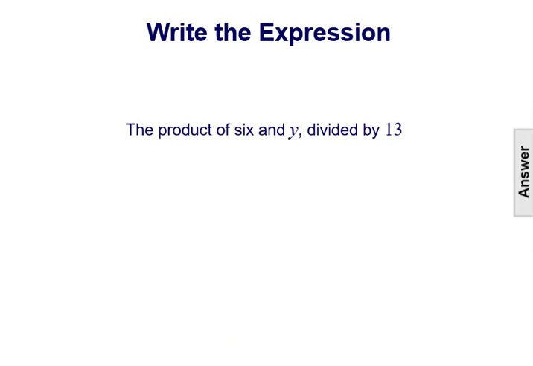Let's do one more just to really get used to the idea of parentheses. So here we have the product of 6 and Y divided by 13. Again, we have one clue word for an operation, product, which is multiplication, but then we also have divided by, which is going to indicate division. So we have two operations. We need to indicate which one comes first.